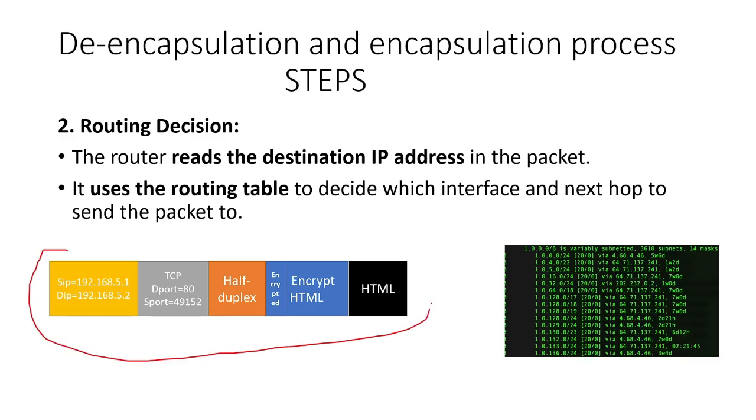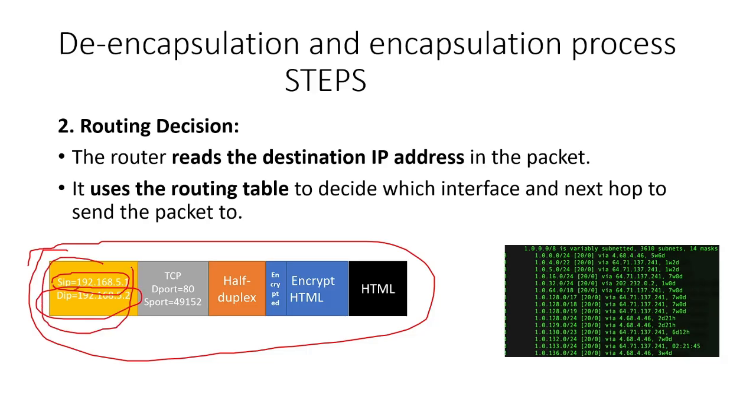This was the stripped packet. You can already see the router can see the source IP address and the destination IP address. With this information, the router can then determine where to forward the data frame based on its routing table.